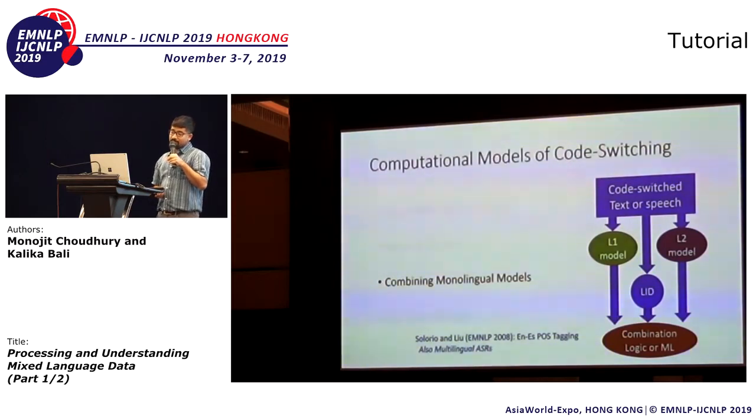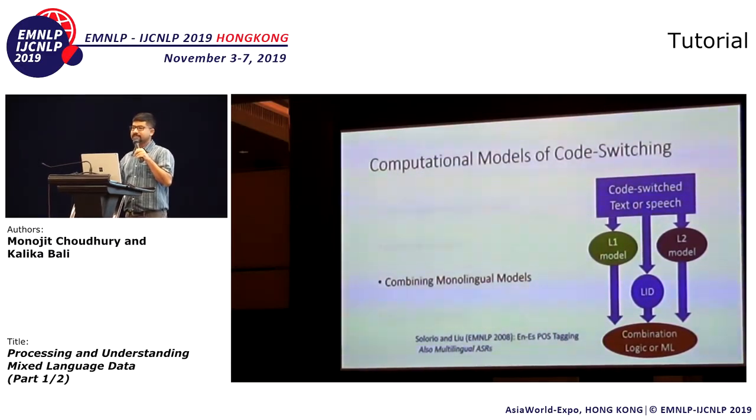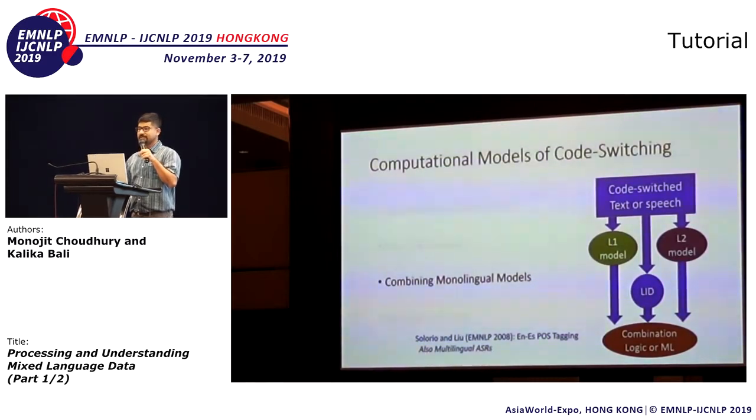A much more interesting example, and closer to what we are going to talk about today, is from Solorio and Liu. Tamar Solorio is at the University of Houston, and she is one of the pioneers of research in code switching in the ACL community. This was in 2008, almost 10 years ago, in EMNLP, and she had one of the first computational papers on code switching. This was on POS tagging.